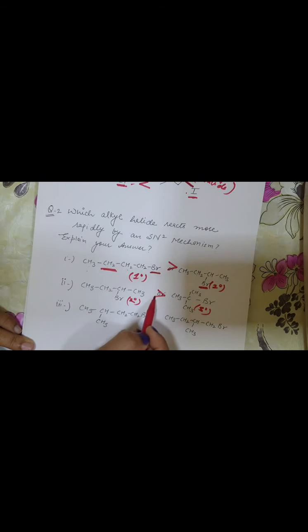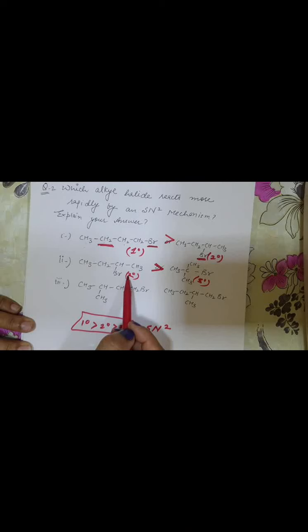So like this, first primary shows higher, then secondary, then tertiary. This is the rate of the SN2 mechanism. In this case, there is secondary alkyl halide and tertiary alkyl halide. So the rate will be faster in the secondary alkyl halide in comparison to the tertiary.